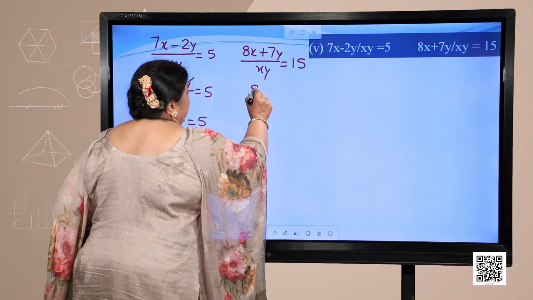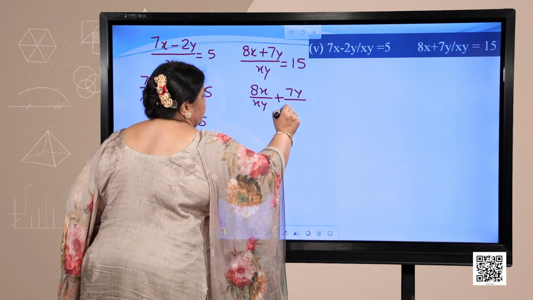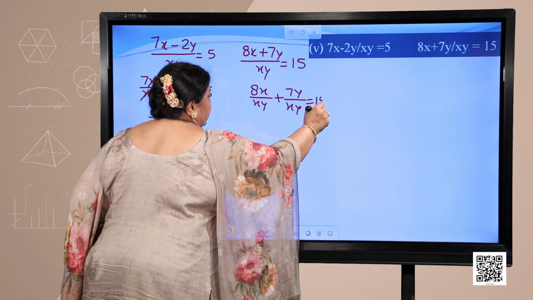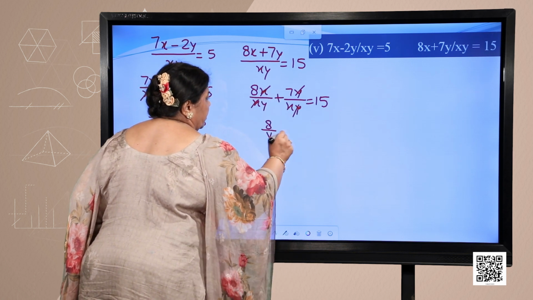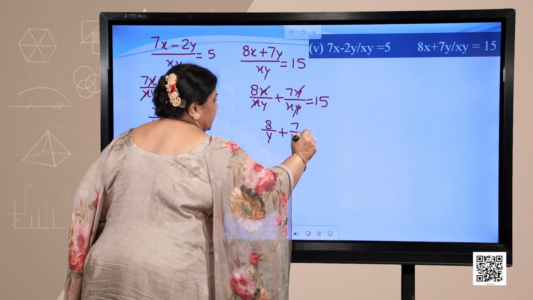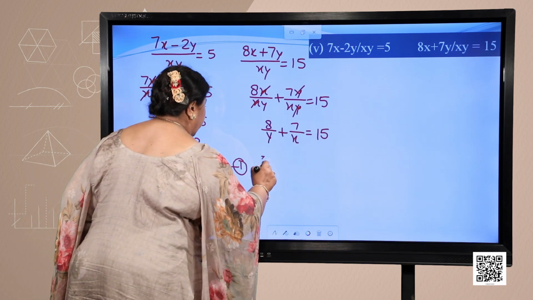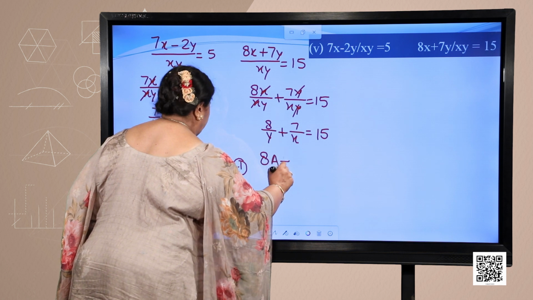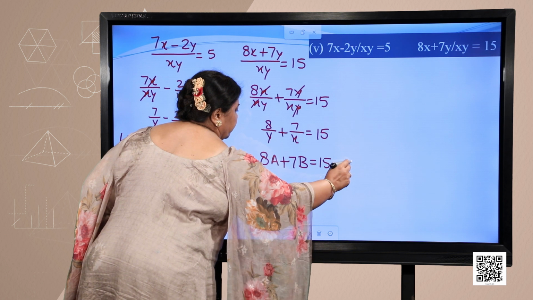Likewise, we will take 8x upon xy plus 7y upon xy is equal to 15. We get 8 upon y plus 7 upon x is equal to 15. This will change into 8a plus 7b is equal to 15.